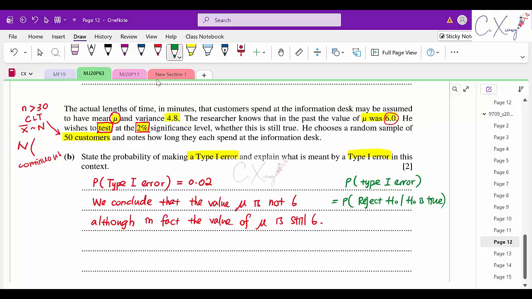If you have a look in detail, this part is rejecting the null hypothesis, and this is when the null hypothesis is true for the second part of the sentence here.